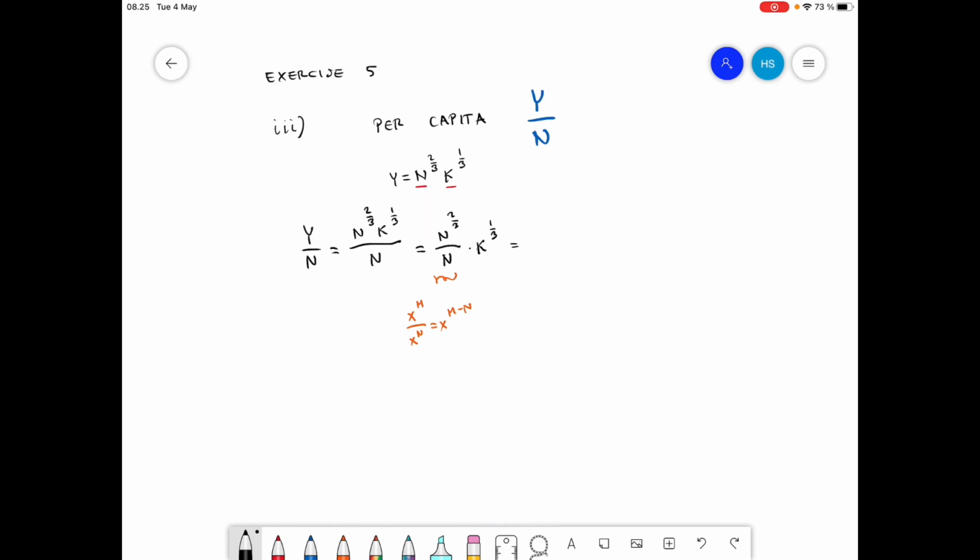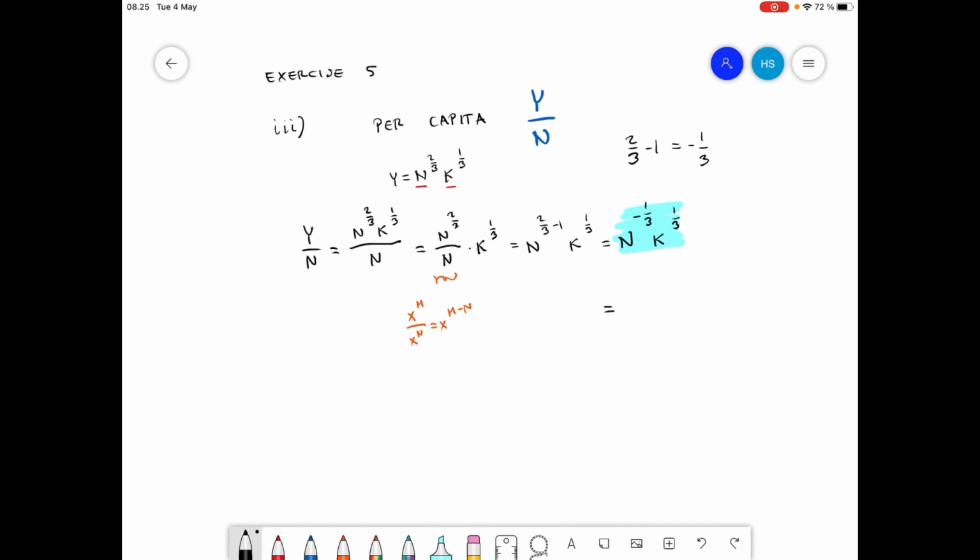So if we apply this rule, we get n to the power of 2/3 minus 1 times k to the power of 1/3. 2/3 minus 1 is equal to minus 1/3. So I get n to the power of minus 1/3 times k to the power of 1/3. So the per capita production function is equal to n to the power of minus 1/3 times k to the power of 1/3.